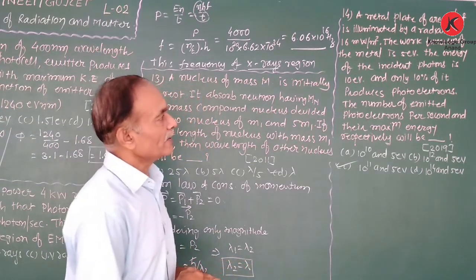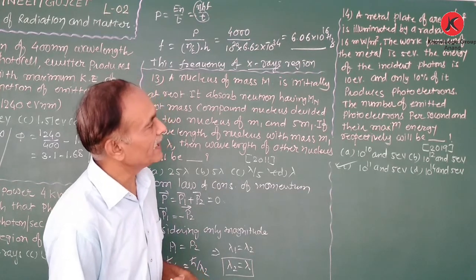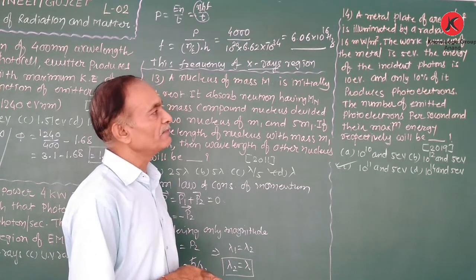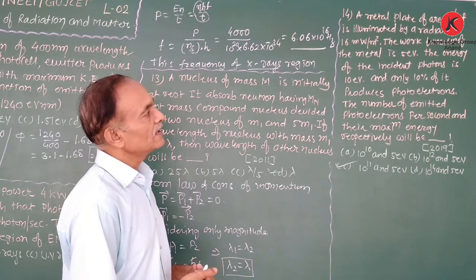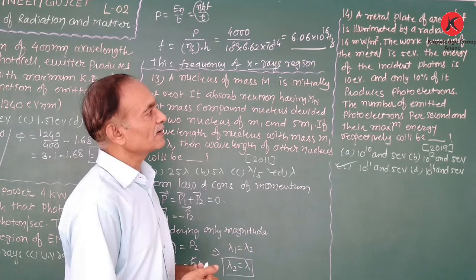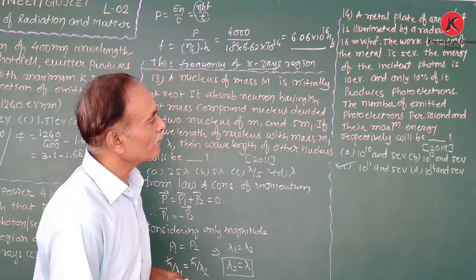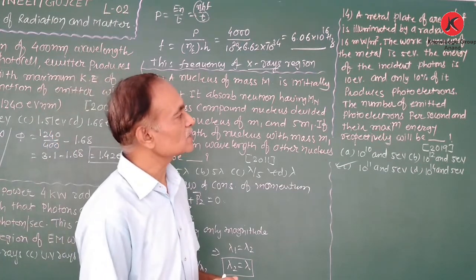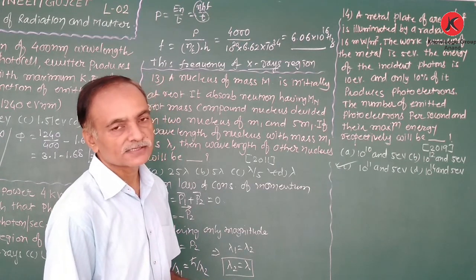A metal plate of area 10⁻⁴ meter square is illuminated by radiation of 16 milliwatt per meter square. Here also the intensity is given. The work function of the metal is 5 electron volt. The energy of the incident photon is 10 electron volt, and only 10% of it produces photoelectrons.